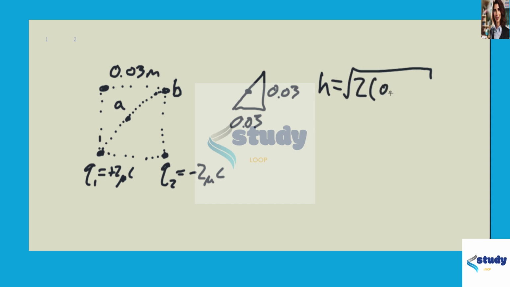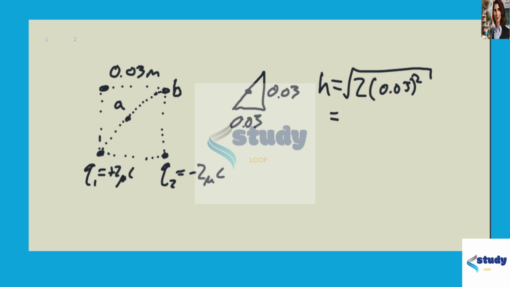So first I'm going to do this triangle that I have drawn here. So this triangle is simply 0.03, 0.03, and then A will be in the middle, so whatever we find the hypotenuse to be, the length from Q1 to A will just be half of that. So we have that the hypotenuse is equal to the square root of 2 times 0.03 squared. And there's a 2 here because both sides are the same.